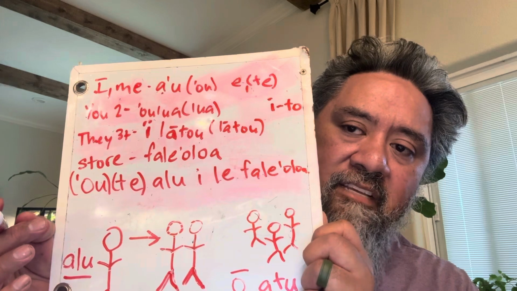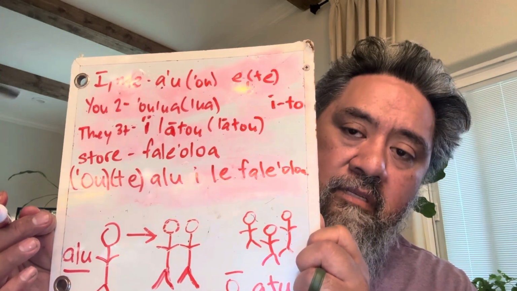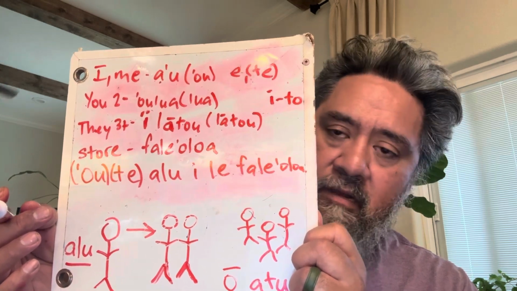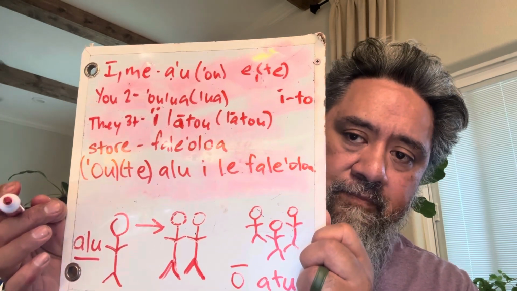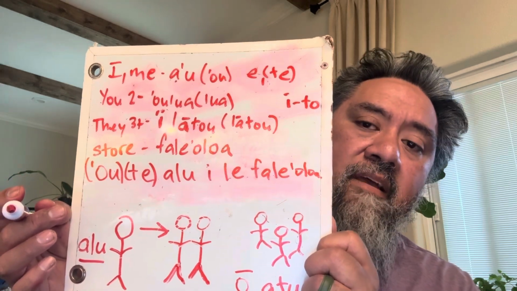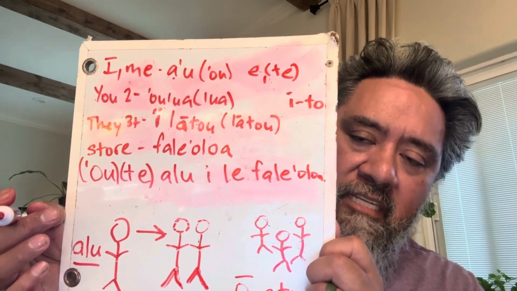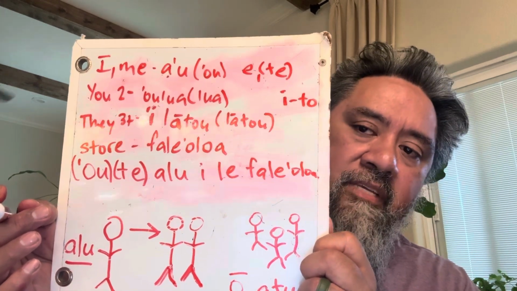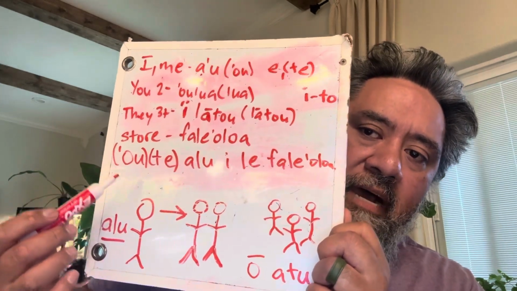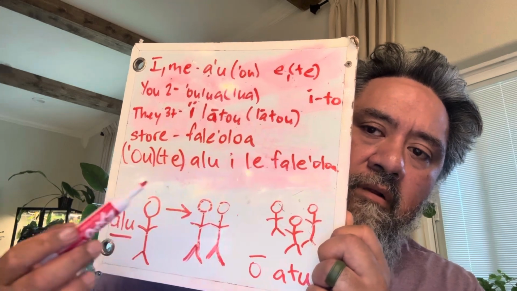And I like to keep the tense markers for the verbs next to each other in the beginning, to try to be consistent in that, just so we can get used to it. Because you don't have to all the time have the tense markers right next to the verbs, but it's just easier when you're first learning, to keep them together. O te alu i le faleoloa. So, I presently go to the store, okay?